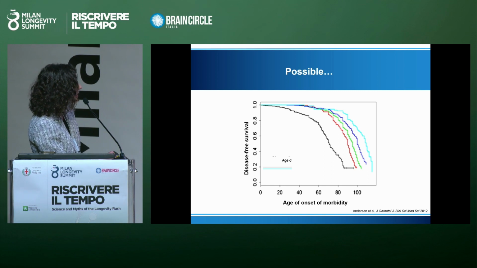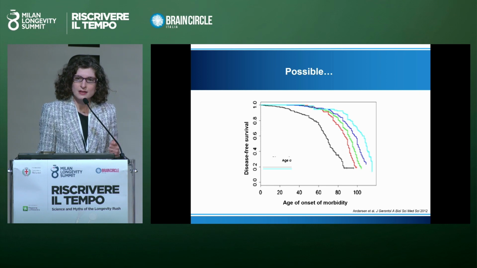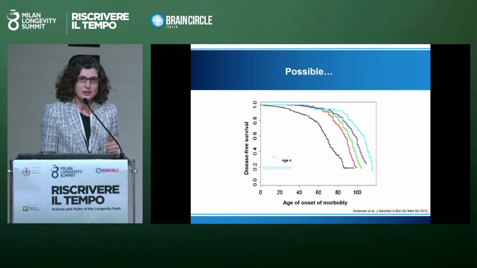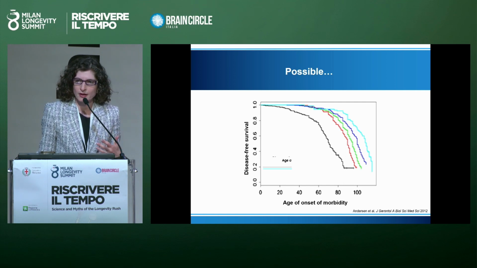What we're seeing here is that 90% of people who lived to age 110 did not get any diseases until they were 90. So that tells us that it is absolutely plausible, and our bodies are biologically capable, of living long and healthy lives.